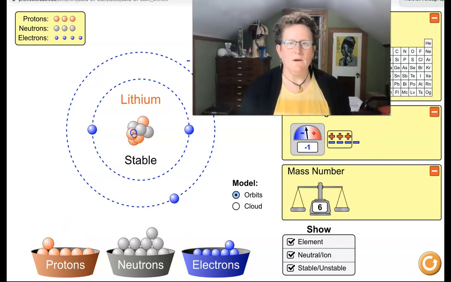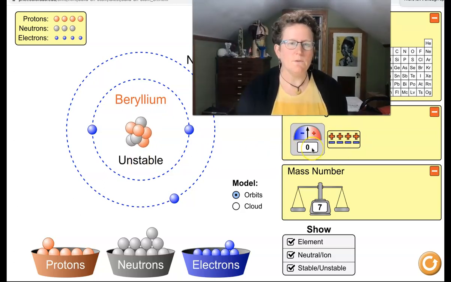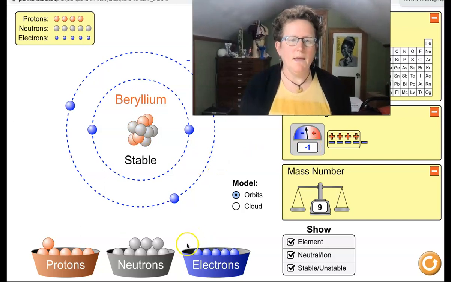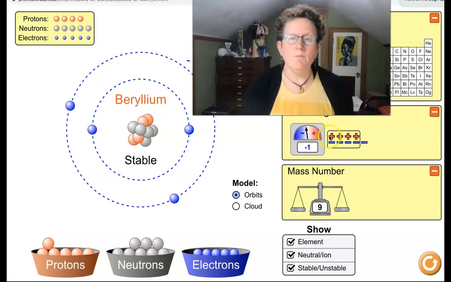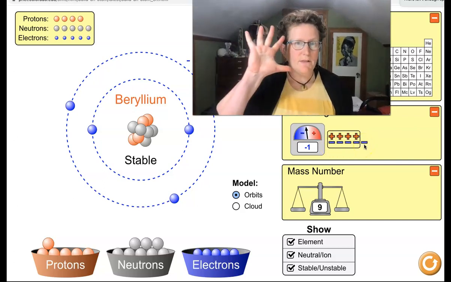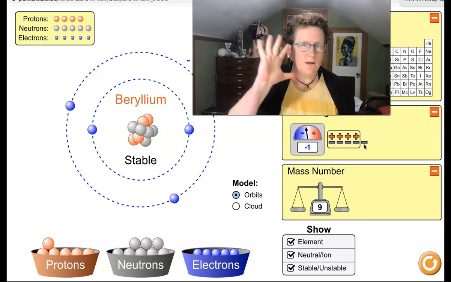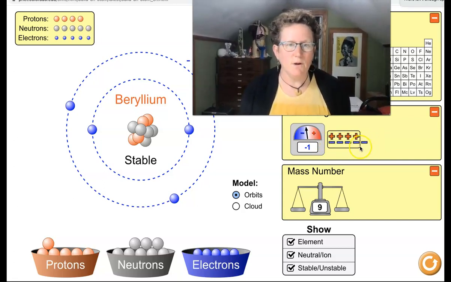Let's do a different one here. We have +4 plus -4 equals 0. If we add another electron here, as I have, we have a negative ion, and the reason it's negative is now we have positive 4 plus -5, because we have 5 electrons, all which have a charge of -1, so this is -5. We have an extra electron that doesn't have a proton partner, so we have -1. +4 plus -5 is -1.